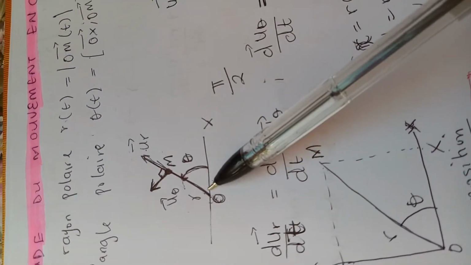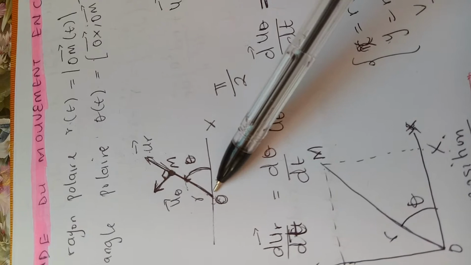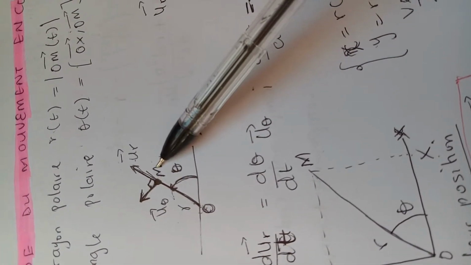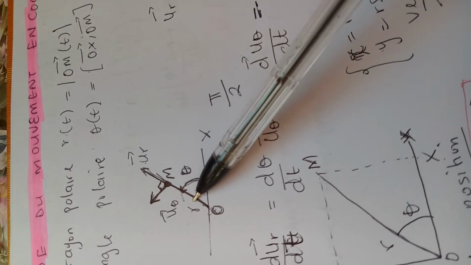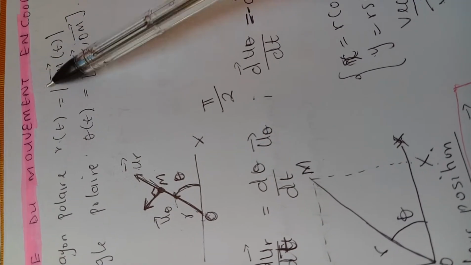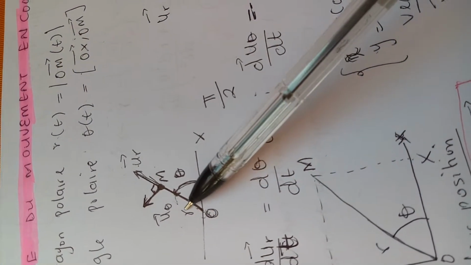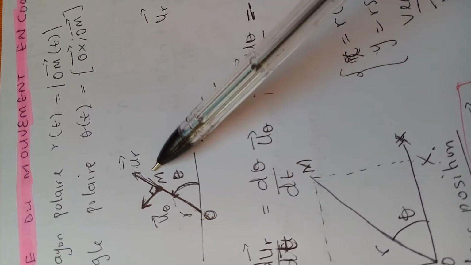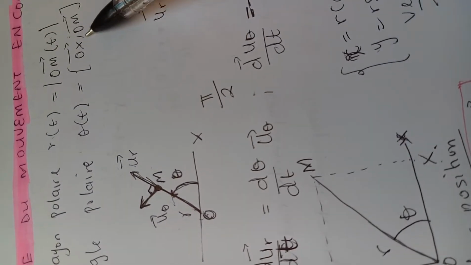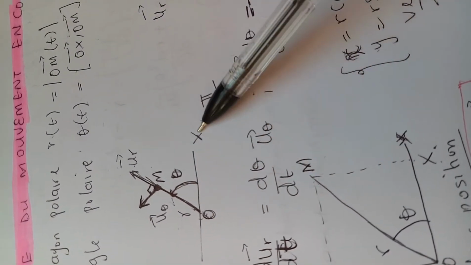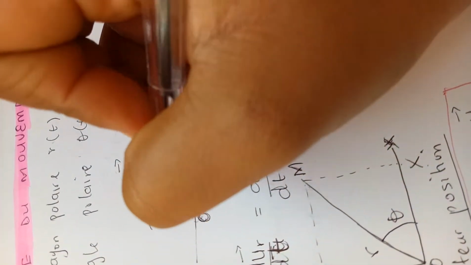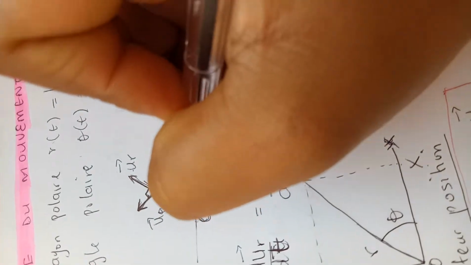We have OM, O à l'origine, M, and then we said r, function of t, is equal to the absolute value of OM, and this is our r. It's placed here. Same applies to theta t. Theta t is Ox, OM. It's the angle between Ox and OM. So we have it here.